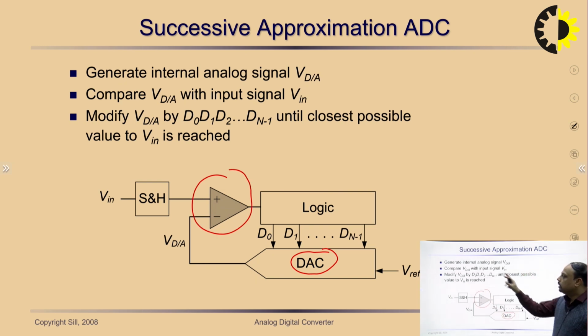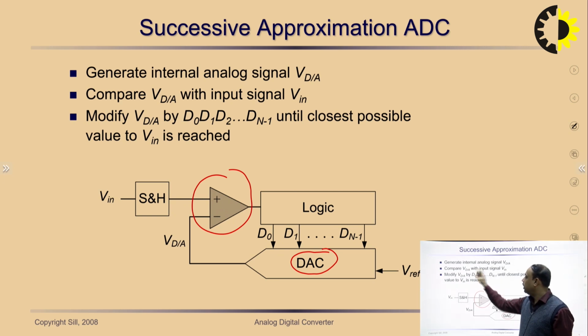So first, generate an internal analog signal with the help of the digital to analog converter, that is equal to VDA. Then this VDA is compared with the incoming signal Vin, and the comparator output provides particular bits to generate the digital signals.